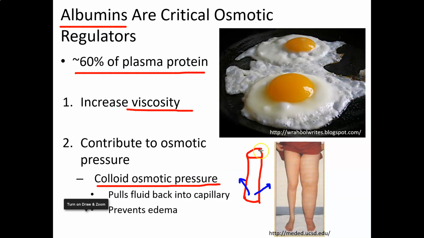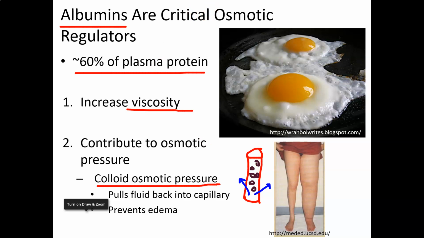Now, as water is forced out of this capillary, we have to bring water back in, and what's going to help bring water back in are our little proteins, okay? So our little albumins. And what happens is albumins are dissolved in blood. They're protein. They're dissolved in the plasma.